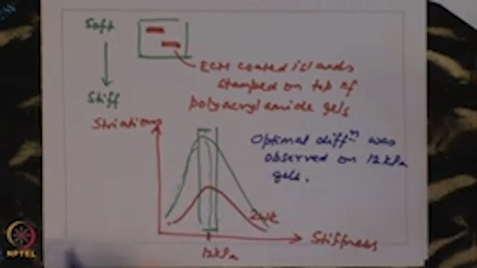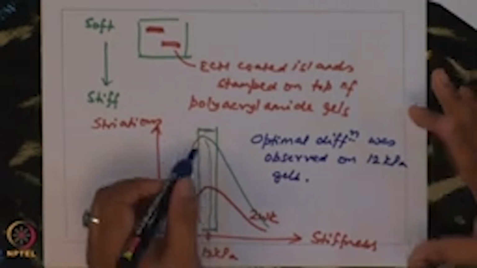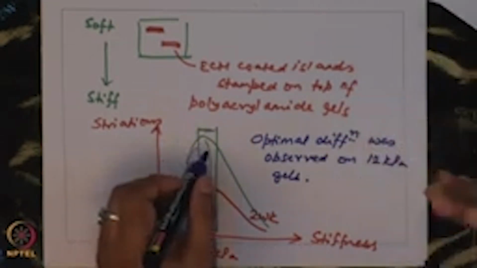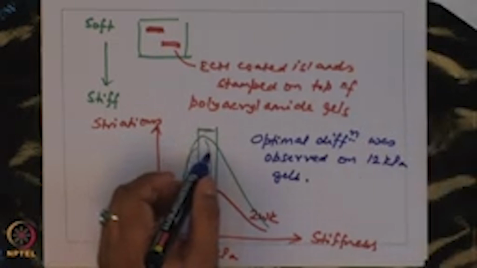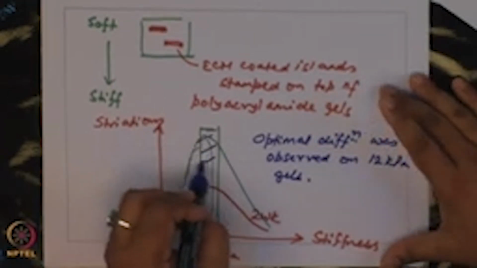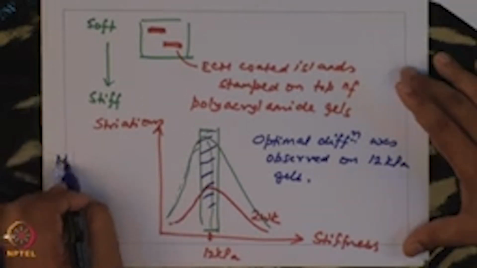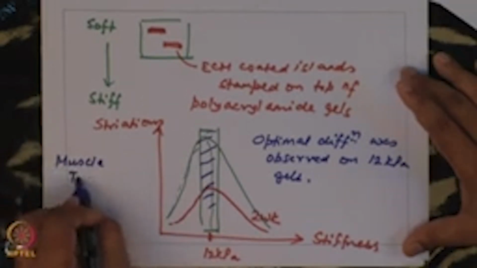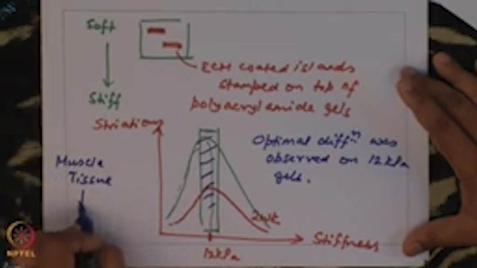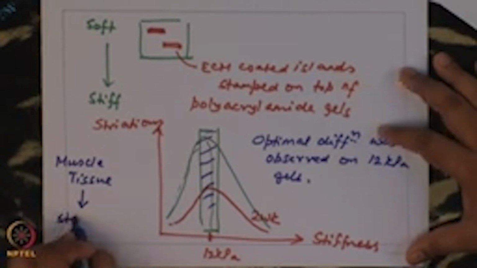So, the obvious question was why is it that the cells are exhibiting maximum striation or maximum reorganization on these matrices. Okay. So, what the authors did was they excised muscle tissue and measured its stiffness.